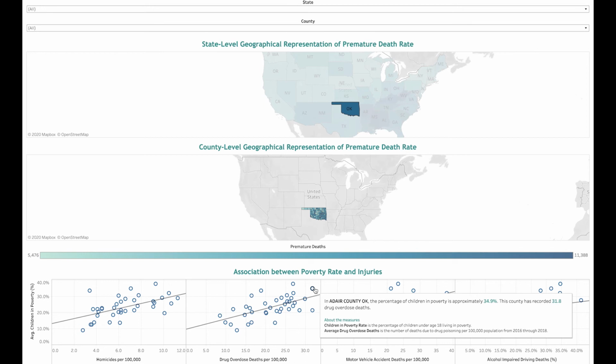Hovering over the trend line for each plot, we see that there is a significant relationship between child poverty and homicide, drug overdose, motor vehicle accidents.